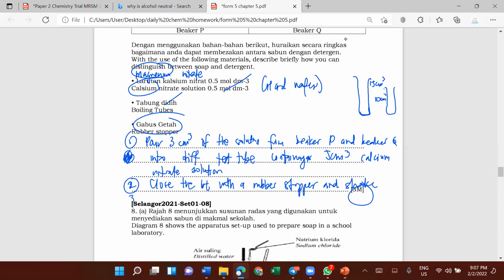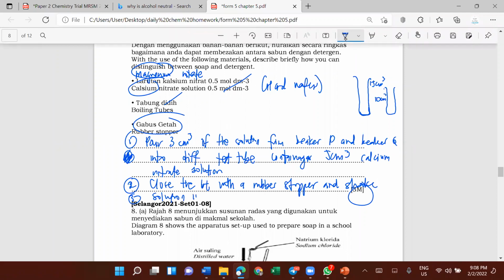Okay, so I still didn't distinguish between the soap and the detergent. So when I shake it, what's going to happen? Which one's going to give me scum? Soap will produce scum. Very good. Okay, so you end it with the solution in the beaker.